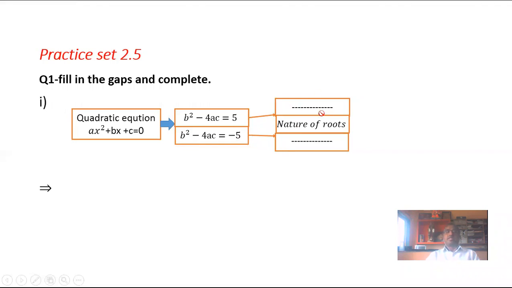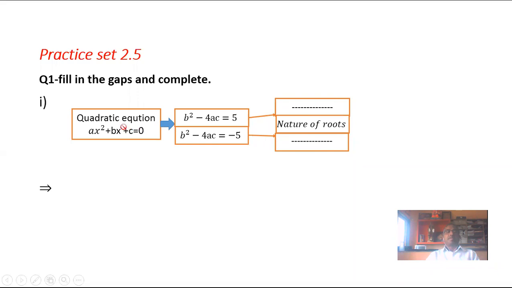Next, filling the gaps, that is filling the box. In the first box contains dash dash, the middle box contains the nature of roots, and the next box contains the blank. Fill in the gaps and complete this box.